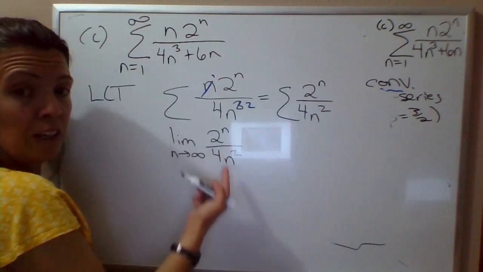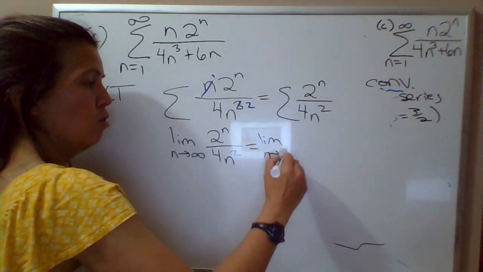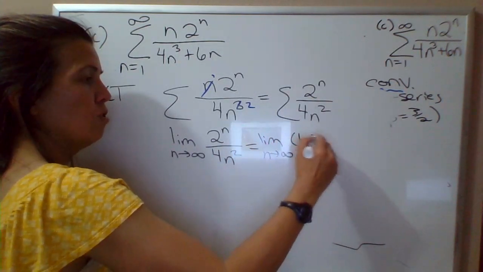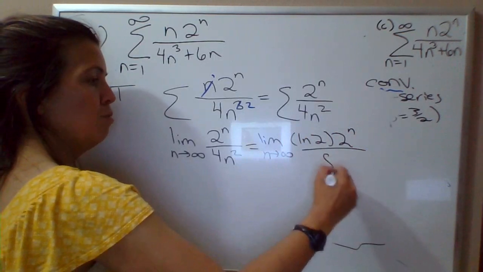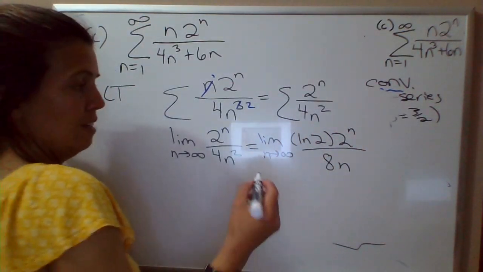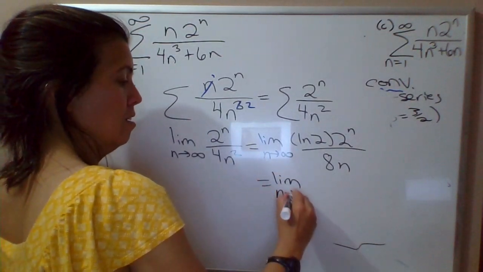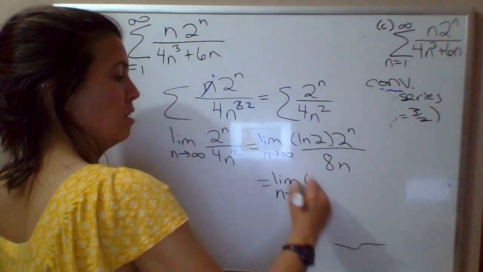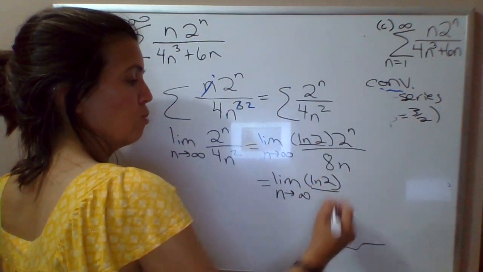It's got the form infinity over infinity. You could use L'Hopital's rule. The derivative of the top is natural log of 2 times 2 to the n. The derivative of the bottom would be 8 times n. Still has the form infinity over infinity. If you apply L'Hopital's rule again, at this point, natural log of 2 is just a constant coefficient, so I just write that down.